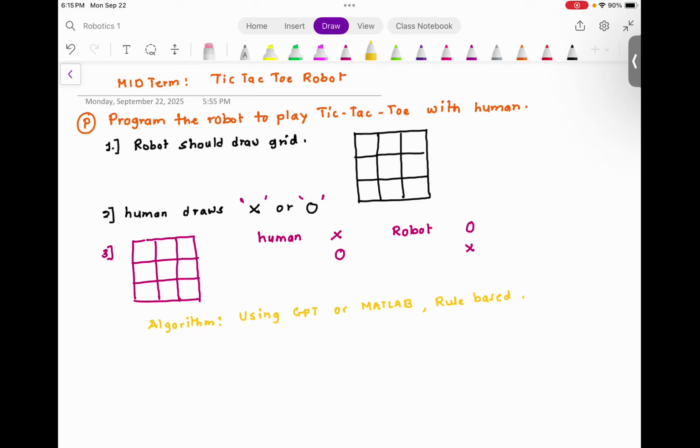Then once it is drawn, the human goes next. And then the robot goes next.